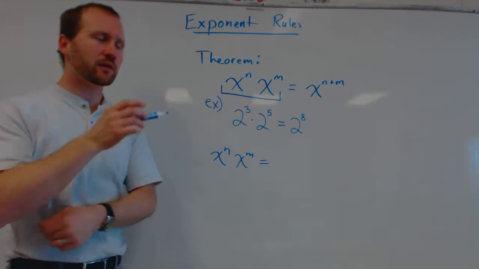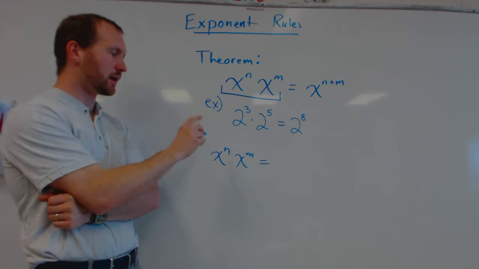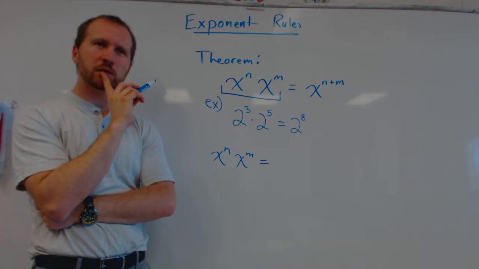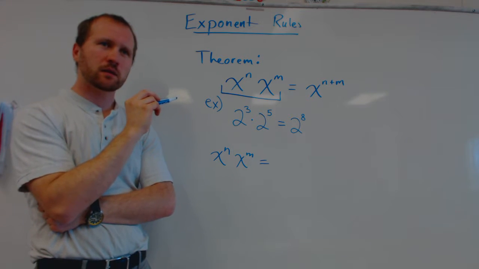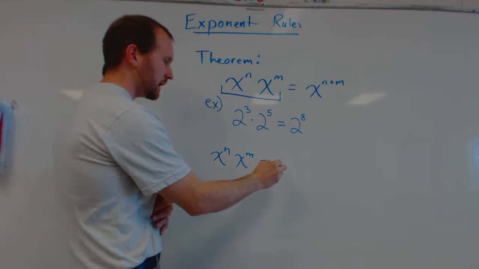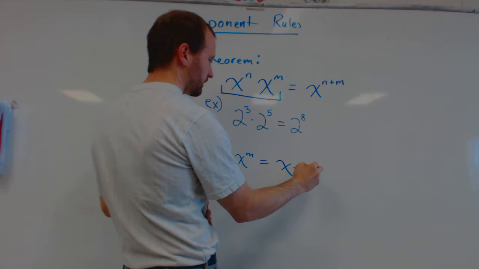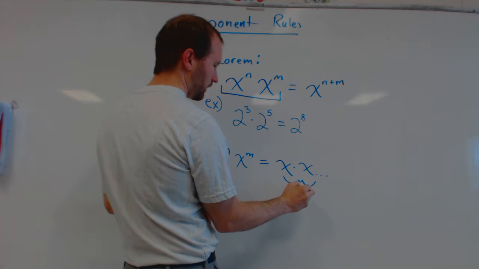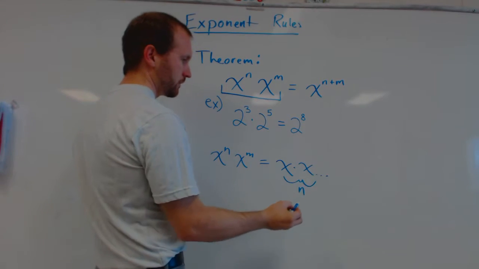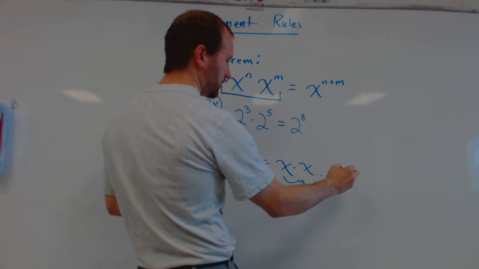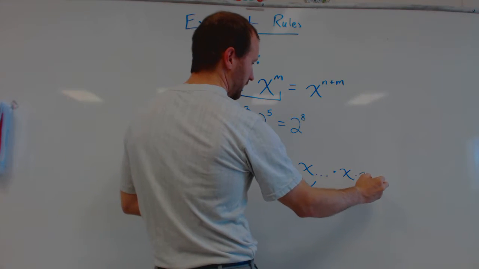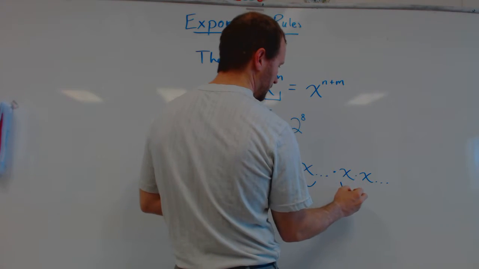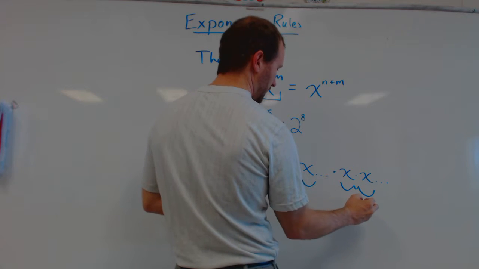So the definition of an exponent would say that this equals what? x to the n would be x times x times x. How many times? n times. Yeah, it'd be x times x times x, n times, times x times x times x, m times.